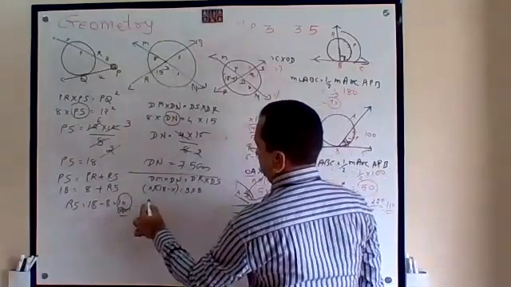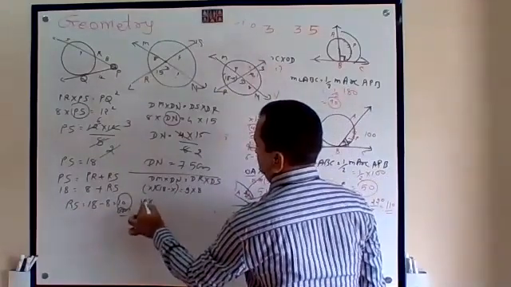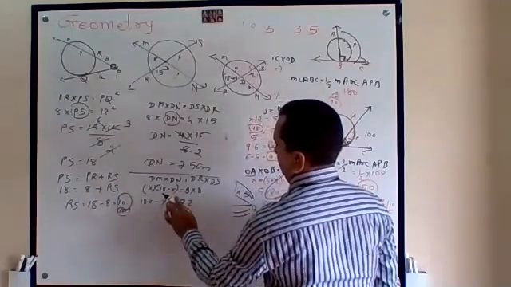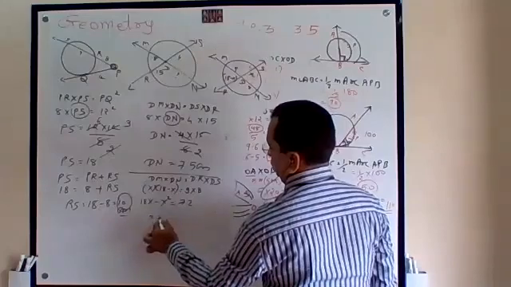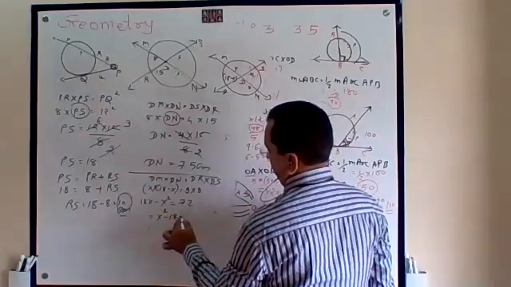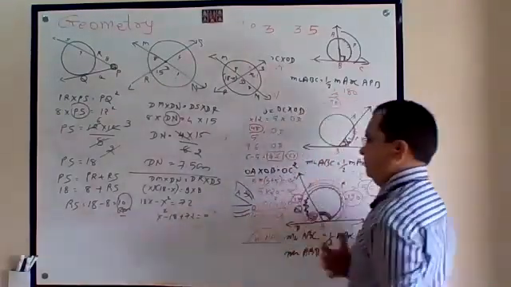So this is 18x minus x square equals 72. So x square minus 18x plus 72 is equal to 0.